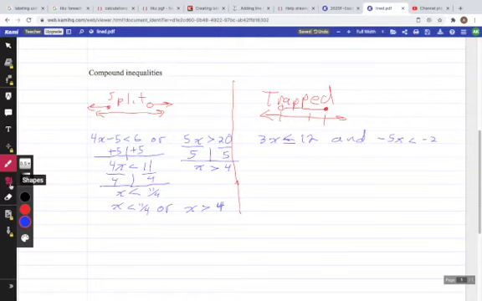Let's do positive 20. So we have this set up here.